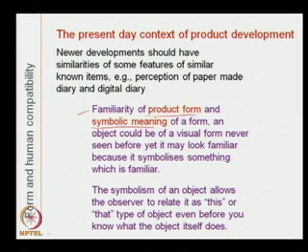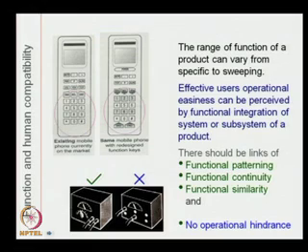The symbolism of an object allows the observer to relate it as this or that type of object even before you know what the object itself does. So, these are some of the aspects of design that form and human compatibility looks into.